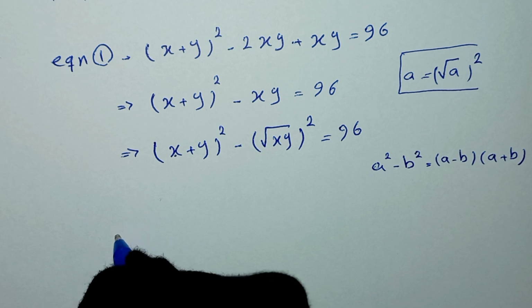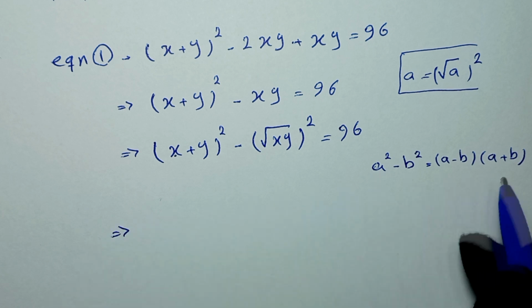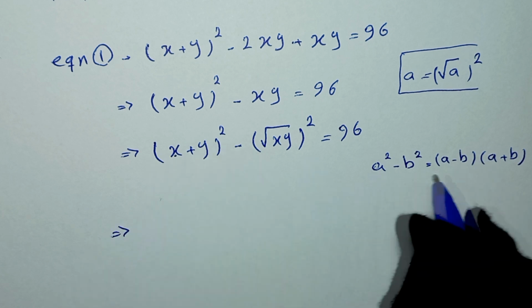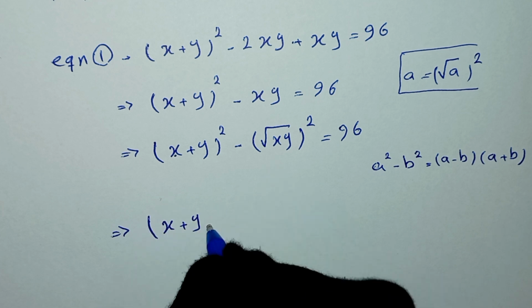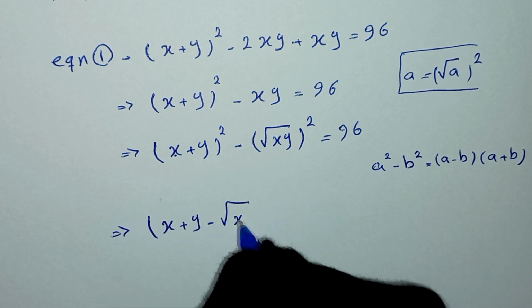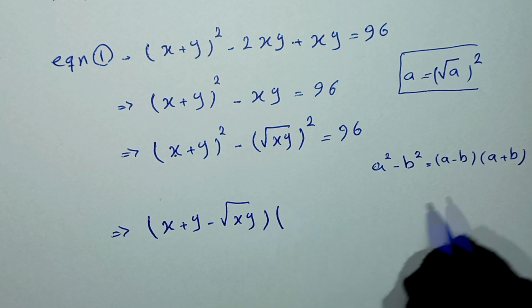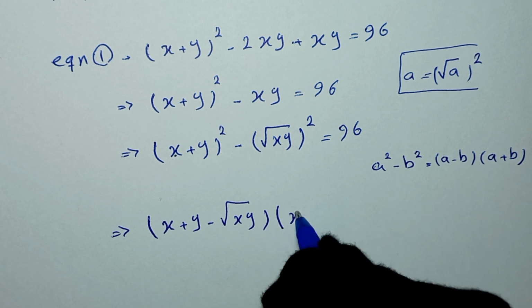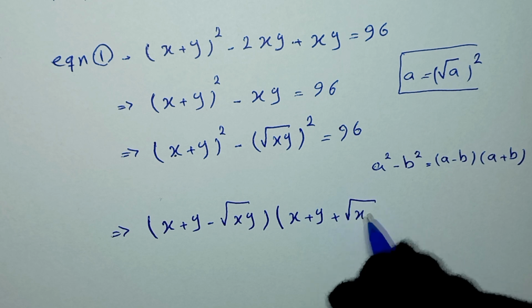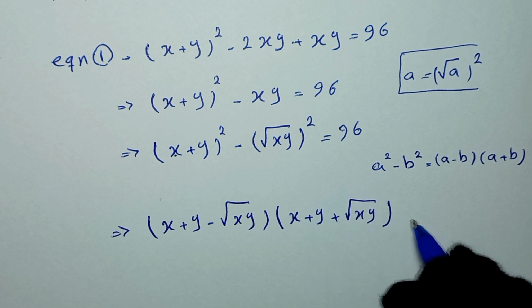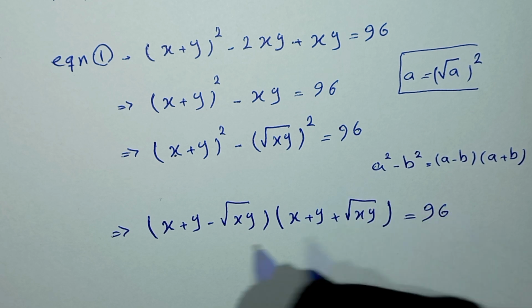We apply this formula, so it will be a minus b, x plus y minus the square root of xy, times a plus b, x plus y plus the square root of xy, is equal to 96.